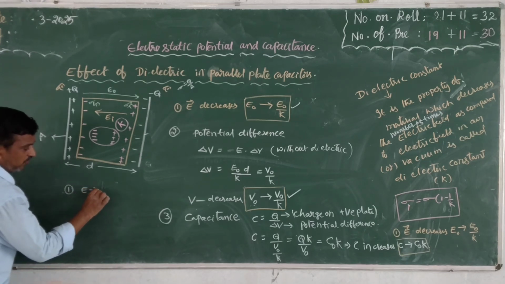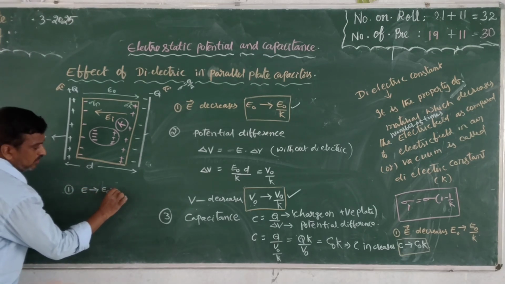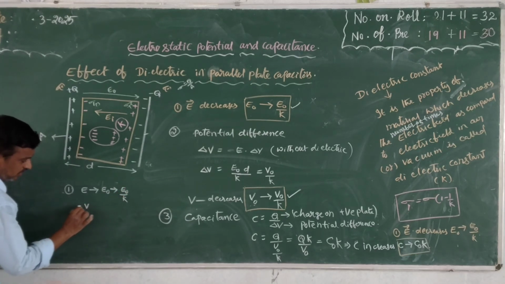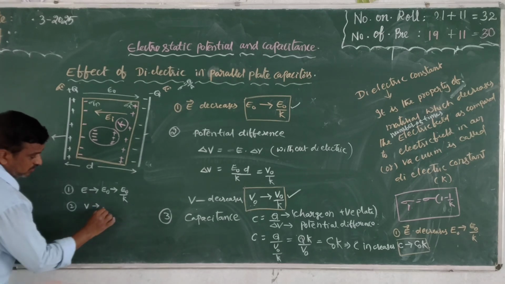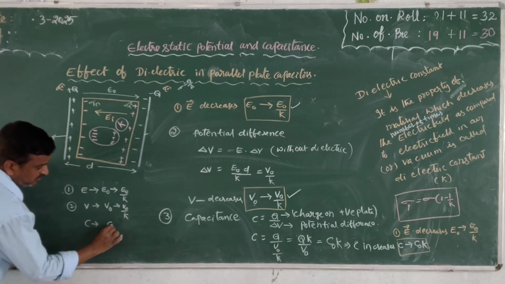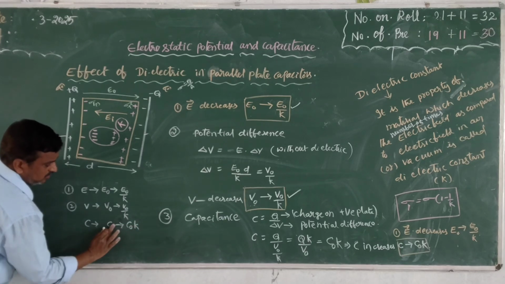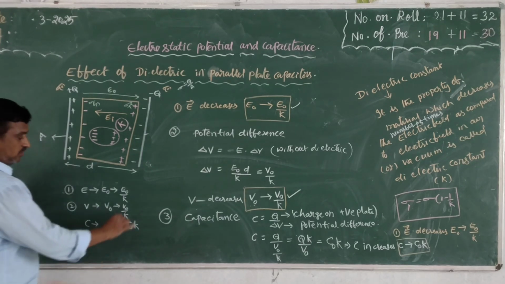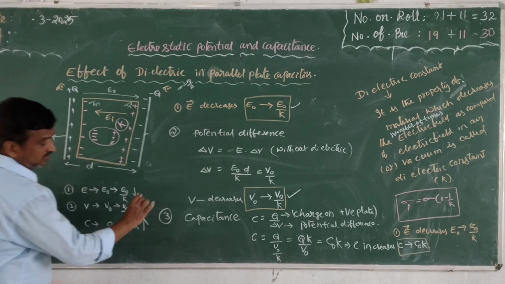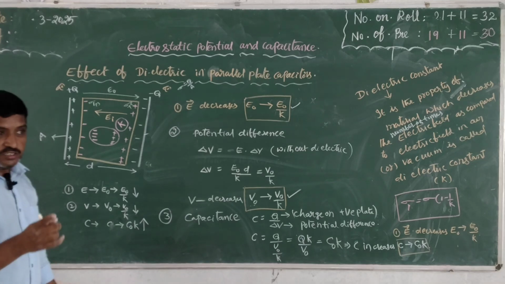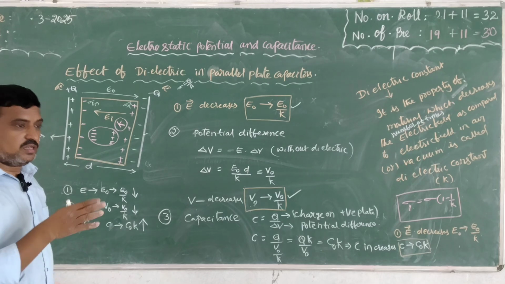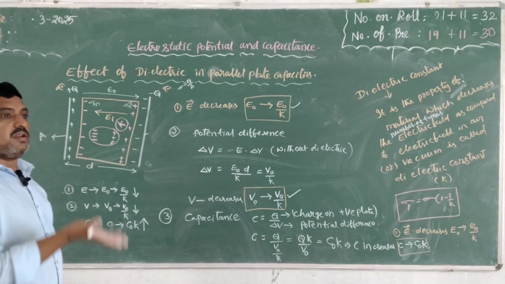Electric field decreases from E naught to E naught by K. Potential changes from V naught to V naught by K. Capacitance changes from C naught to C naught K. Means when dielectric is placed between the parallel plates, electric field decreases, potential decreases, and capacitance increases.